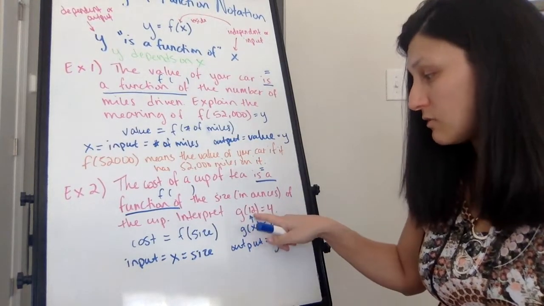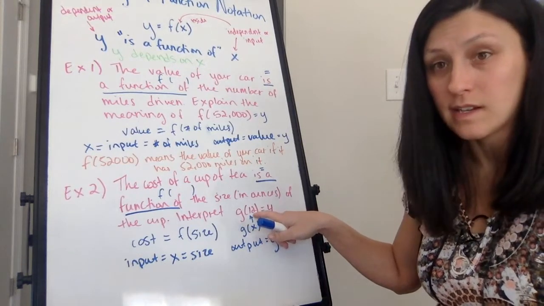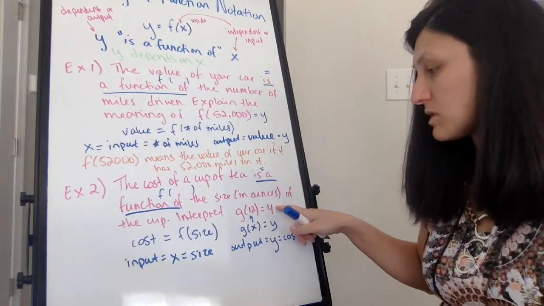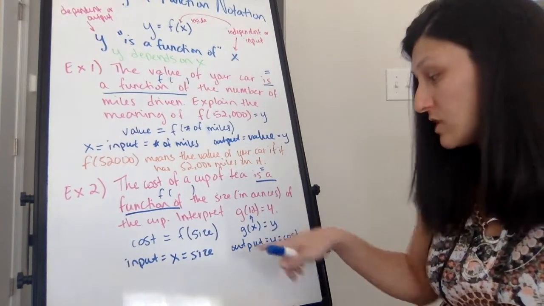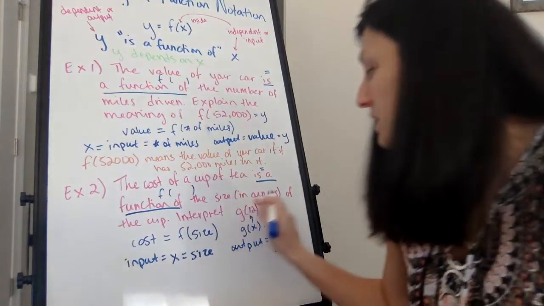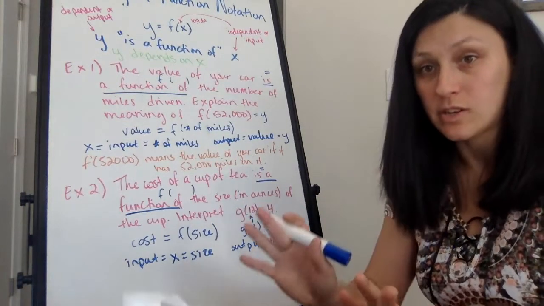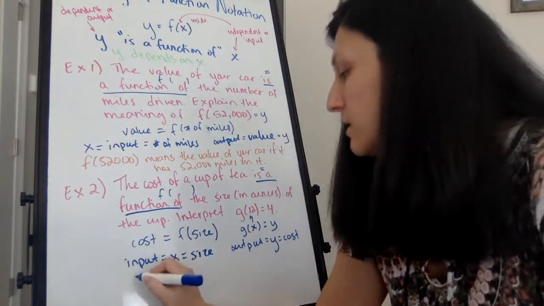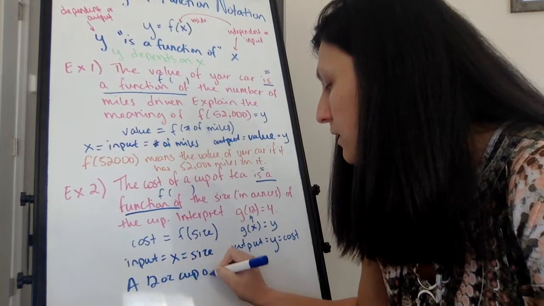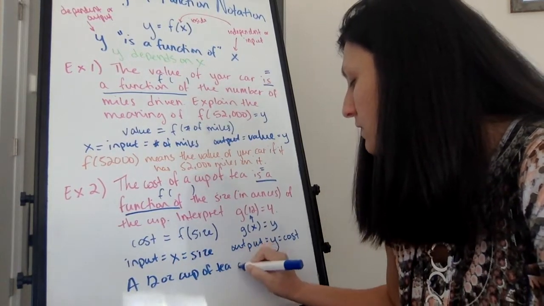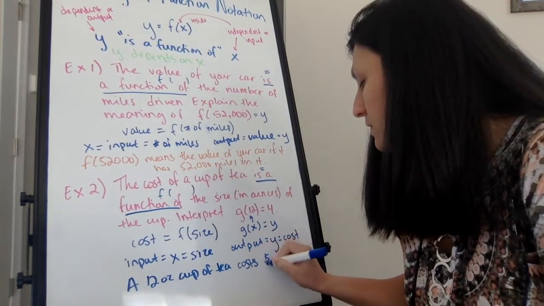Which means this represents 12 ounces. That's the size that you bought. And this must represent $4 because the dependent variable in this situation is the cost. So what does this mean in simple English? As simple as you could describe, it means a 12-ounce cup of tea costs $4.